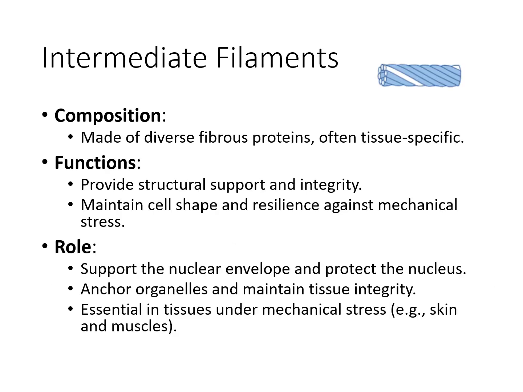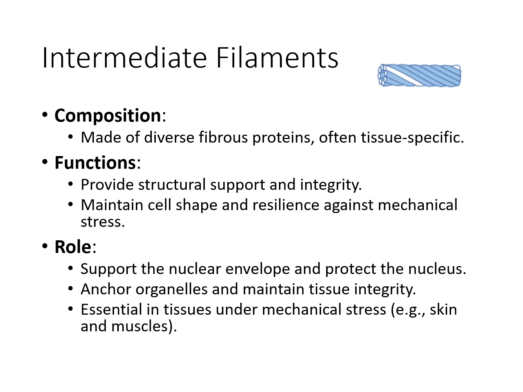Intermediate filaments are made of diverse fibrous proteins, often tailored to the specific tissue type. Their main job is to provide structural support and mechanical stability, especially under stress. They help maintain the cell's shape, protect the nucleus by supporting the nuclear envelope, and anchor organelles in place.